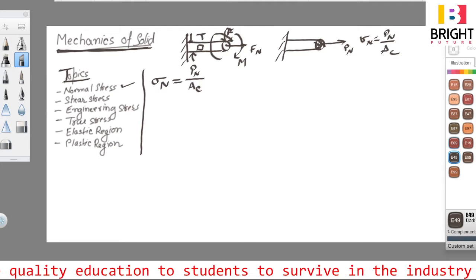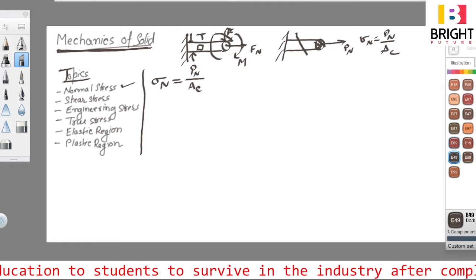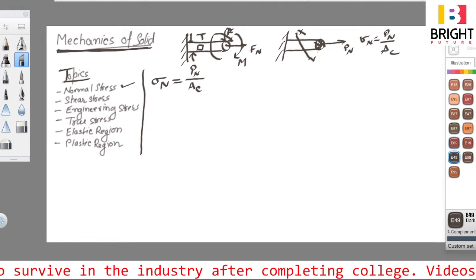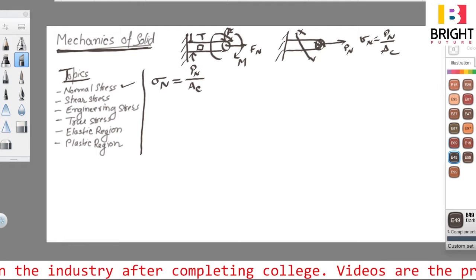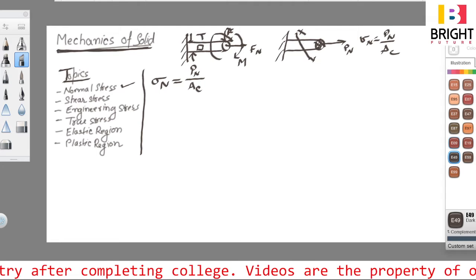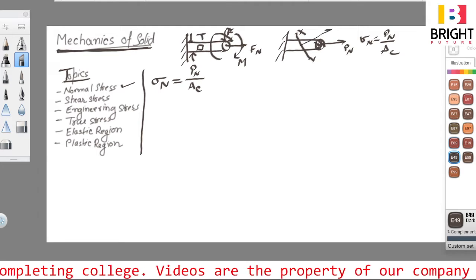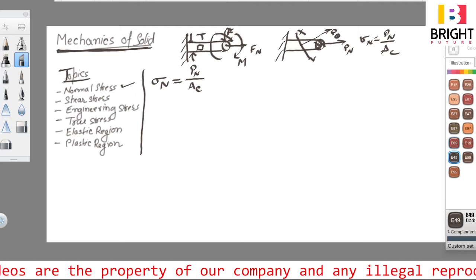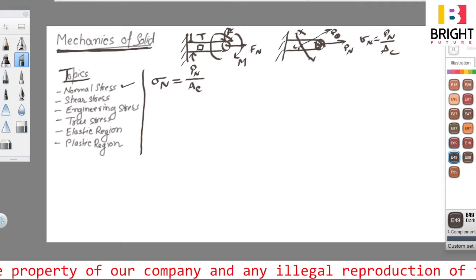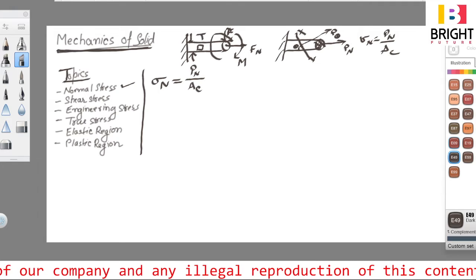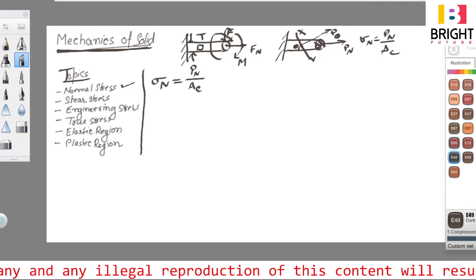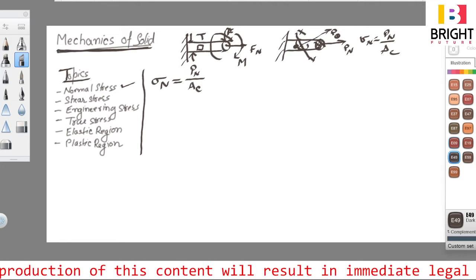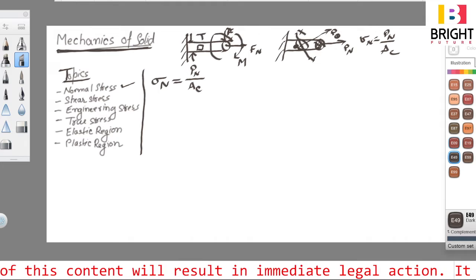Students normally make mistakes. They take any area, like this area or any area across any axis. That is wrong. The area must be normal to the load. This could be a component of the normal force, P theta, and over this cross-sectional area, the normal stress on this elliptical section will be this one.